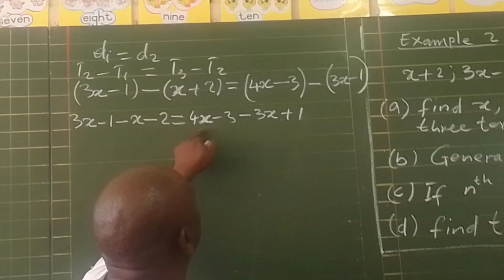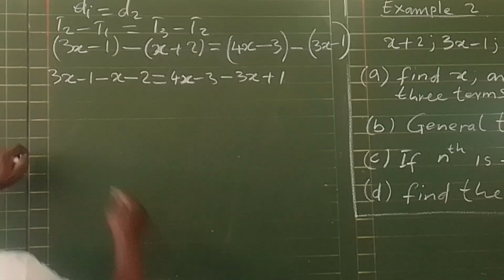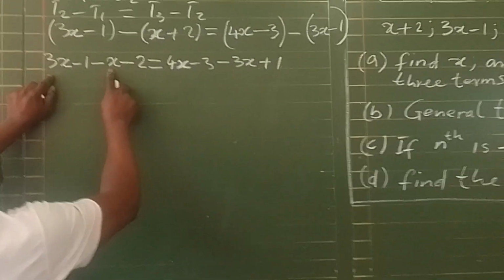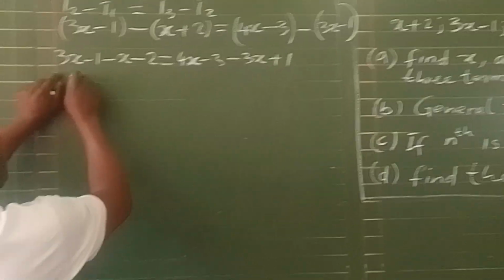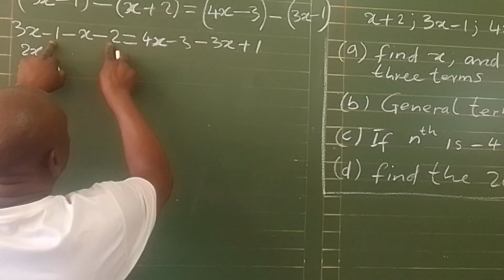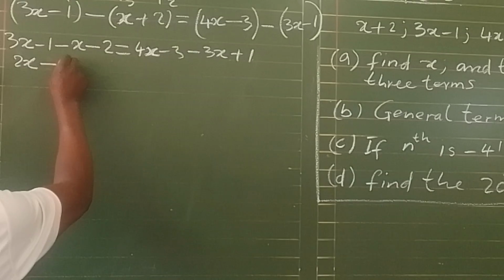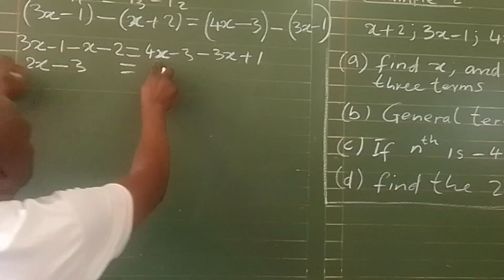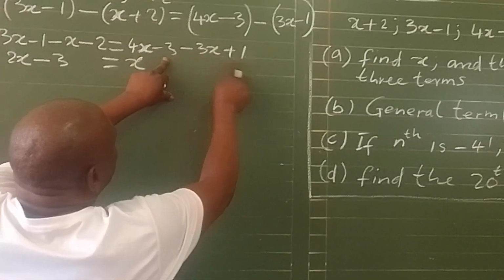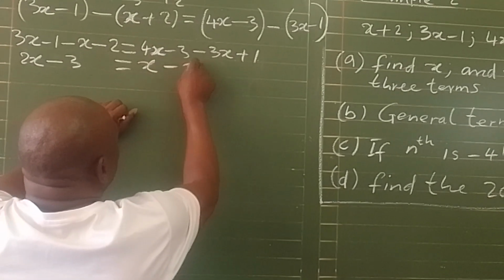Here you put 4x minus 3 as it is. Right, you check your 3x. 3x minus 1x is what? It's 2x. Minus 1 and minus 2 is minus 3. A 4x minus 3x is x. A minus 3 plus 1 is minus 2.